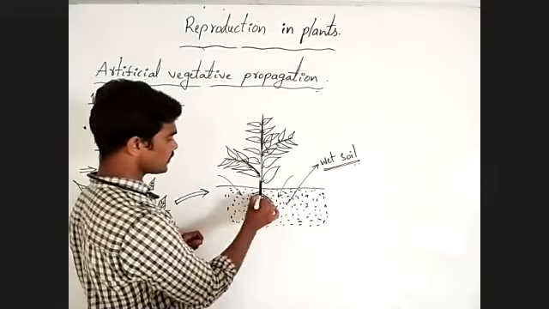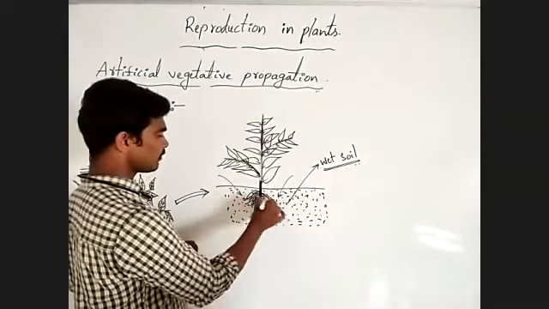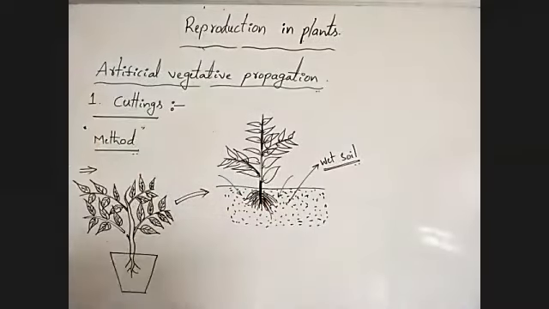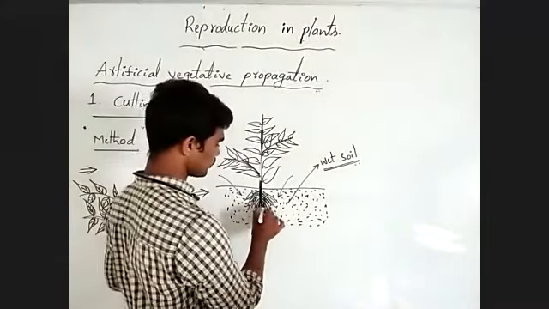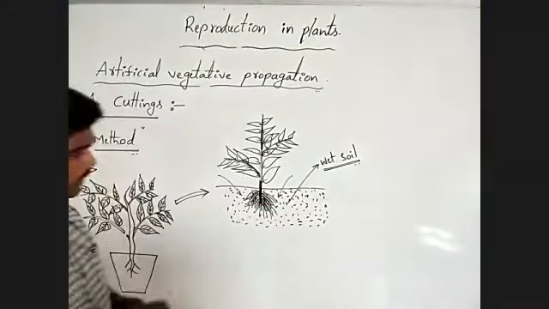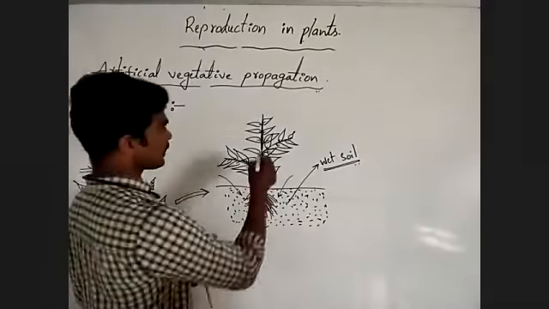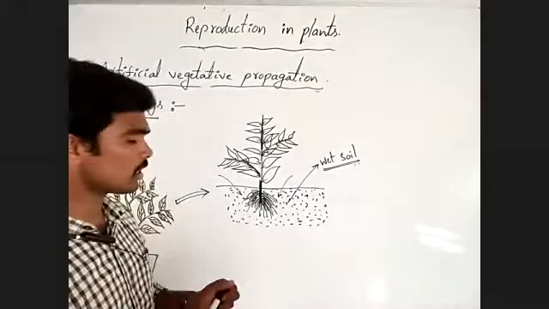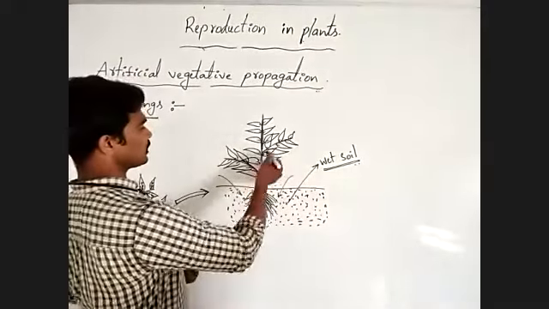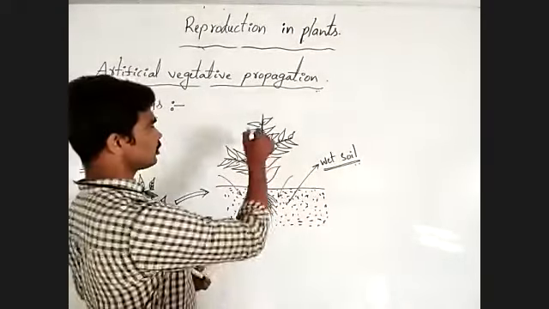After development of the roots, the apical bud and axillary bud start the growth by forming the branches and new leaves.